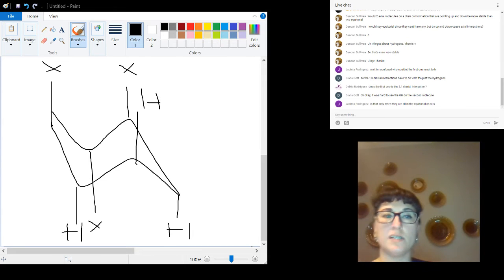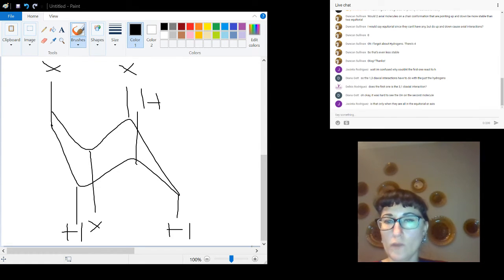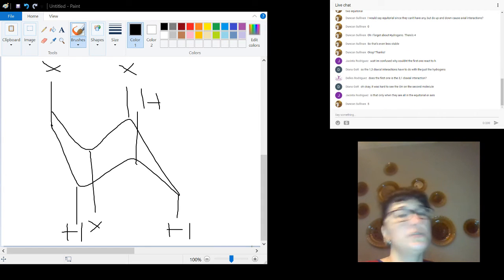It would be easiest if you look at the top and then the bottom of the chair. Yeah, sorry, Jacinta, it's the axial positions, that's why they're called 1,3 diaxial interactions. So it's not something that we see in the equatorial position because equatorial positions are pointing out.